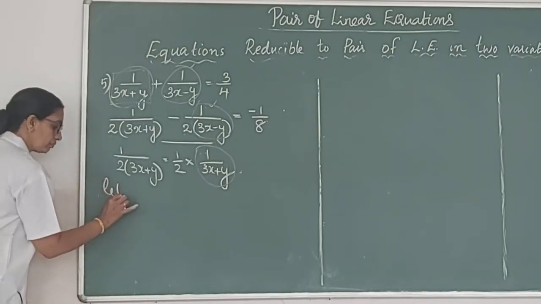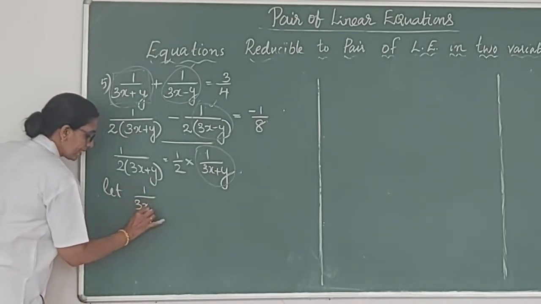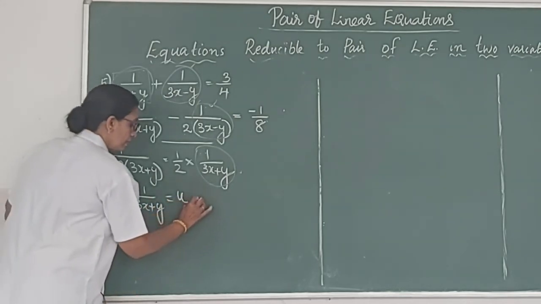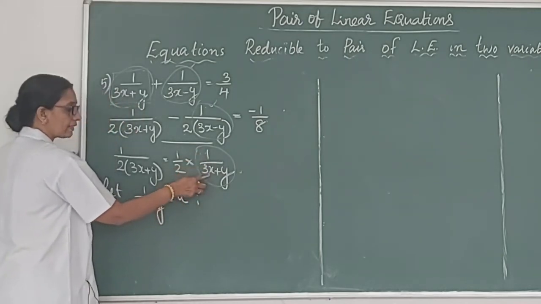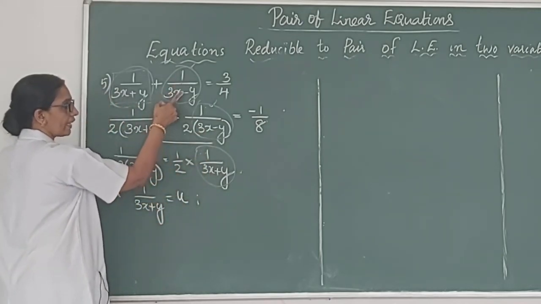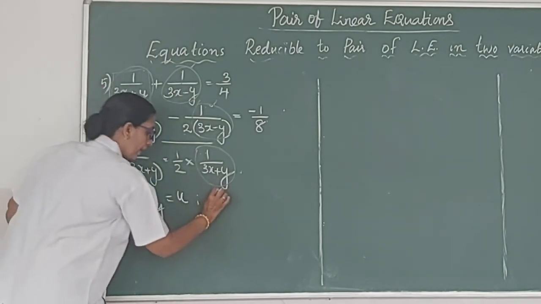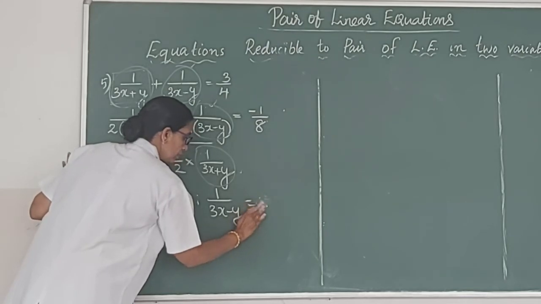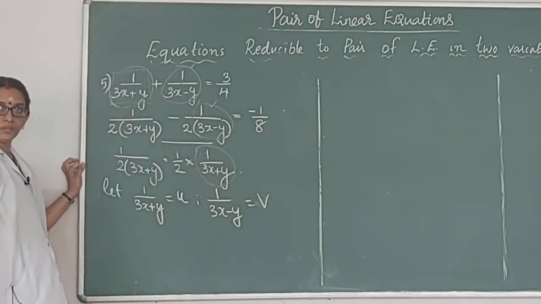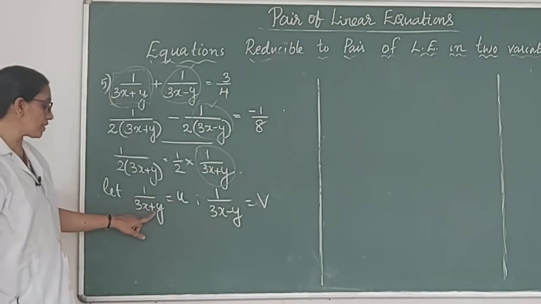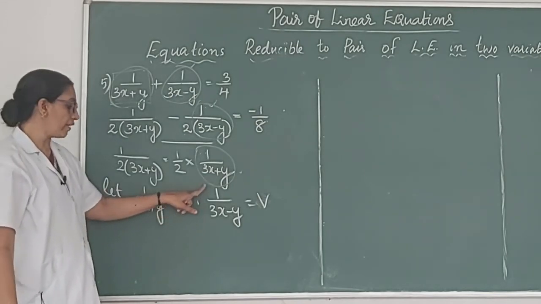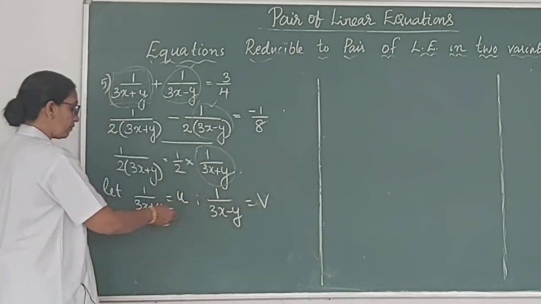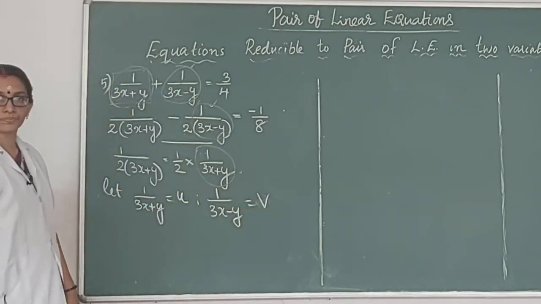Let 1 by 3x plus y is equal to u, and second substitution for 1 by 3x minus y. So 1 by 3x minus y is equal to v. Okay. So 1 by 3x plus y we have taken as u, and 1 by 3x minus y we have taken as v. Now how can we change the given equations?